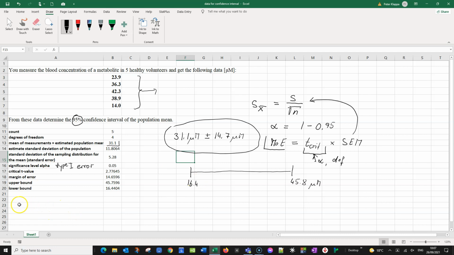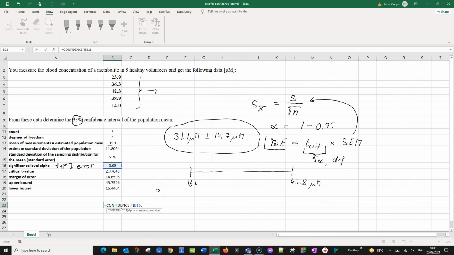Now this is a fairly long-winded way of doing it, because Excel luckily has another function for that, and we can do that much quicker. We can calculate this margin of error with a little trick, and for that you use the function equals CONFIDENCE.T, and it asks us about the alpha, that is our type 1 error, alpha.